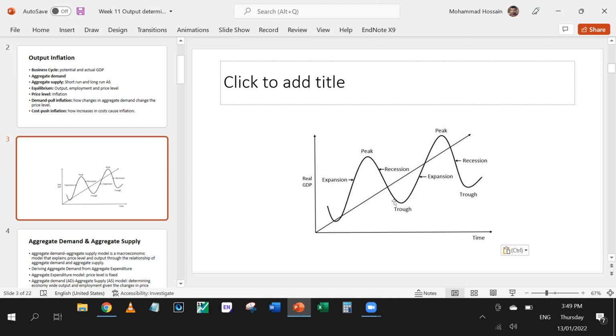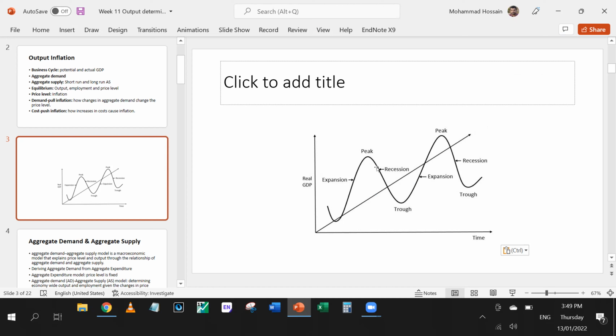So when the business goes through the expansion process, real GDP will start to grow. And when it grows to the top, it will start to drop again, which is known as recession. When the business cycle starts to drop, the business will be going through some bad time, and the output level will be going down.